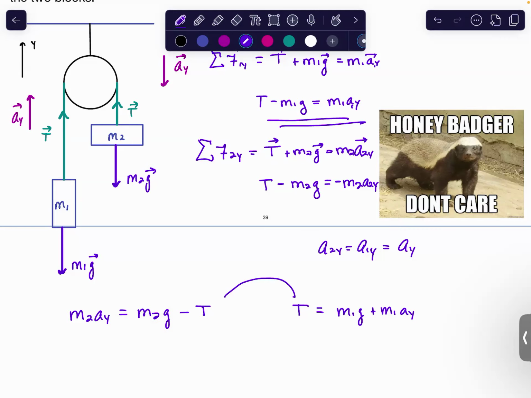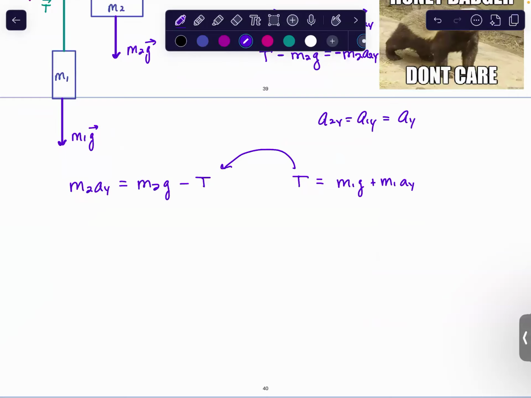So then we're going to take this, put it in there. Now from here, if I want to solve for my acceleration, what do you think I need to do now?